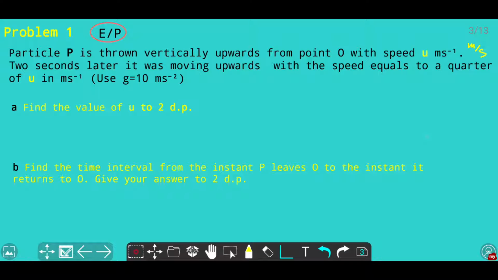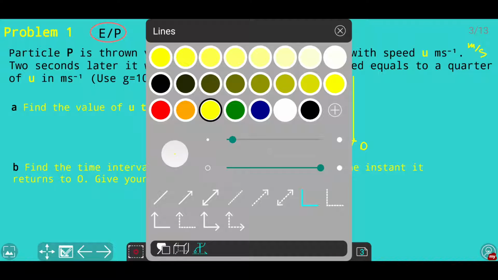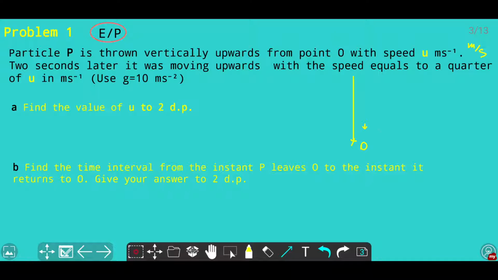So what scenario do we have in part A? We have point O. It might be a point somewhere on the ground, on the surface, or it might be any point in the air. It doesn't matter. In this case, we can say that the initial velocity was directed upwards, and the speed, meaning the absolute value, was u.